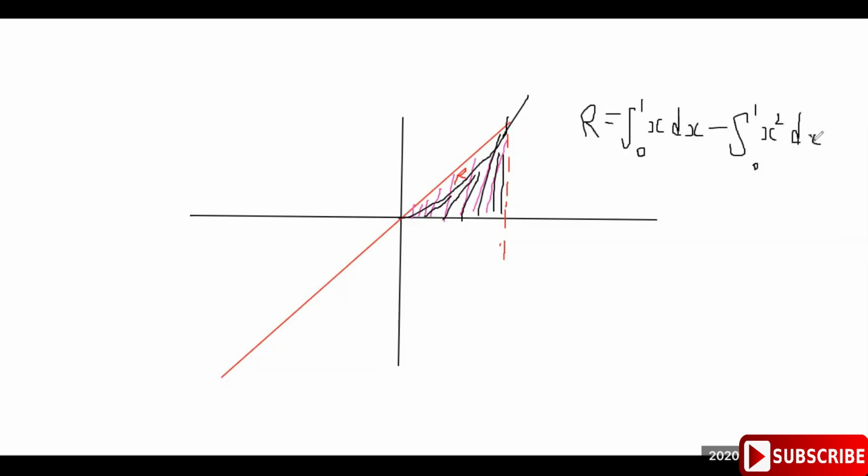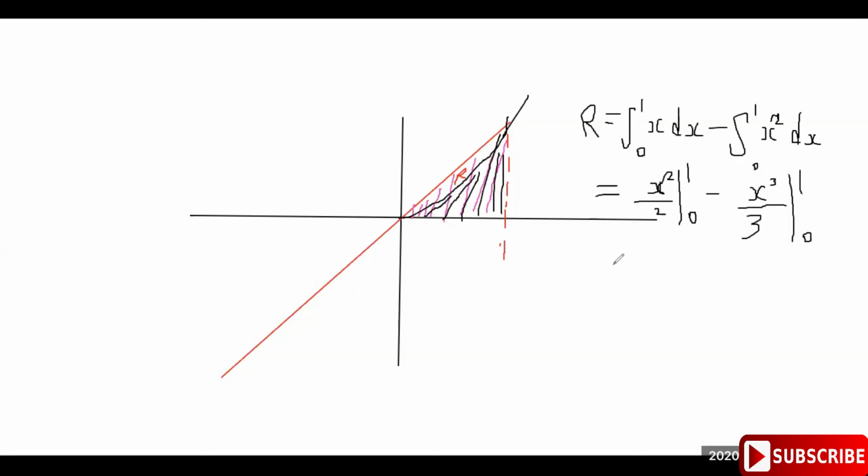So now this question is very simple and easy. So R is equal to, we integrate x, add 1 to the power, we get x squared over 2, and we're going from 0 to 1, minus, add 1 to the power, x cubed divided by 3, and we're going from 0 to 1.